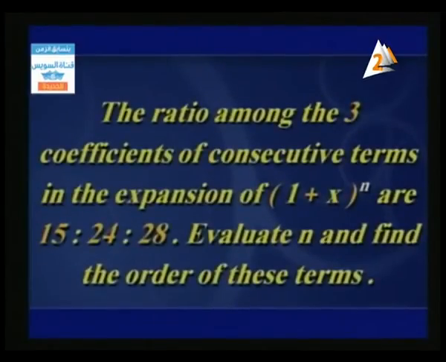The ratio among the three coefficients of consecutive terms in the expansion of (1 plus x)ⁿ are 15 to 24 to 28. Evaluate n and find the order of these terms.